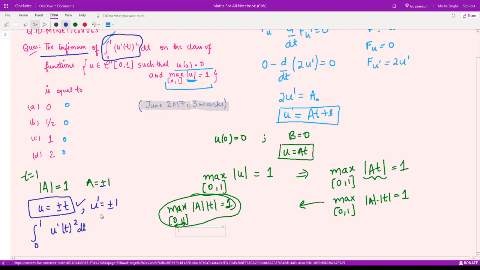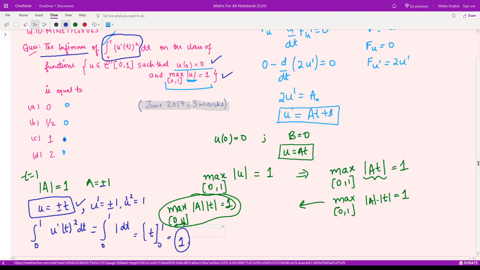Now u' is equal to plus minus 1, so u'² would be 1, right? So it would be the integral from 0 to 1 of dt. This would give me t with limits from 0 to 1, which is equal to 1. So the value is 1, right? So 1 is the infimum of the given functional with these two given conditions.